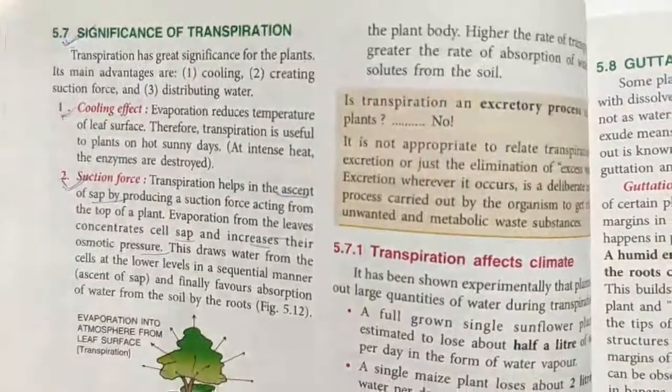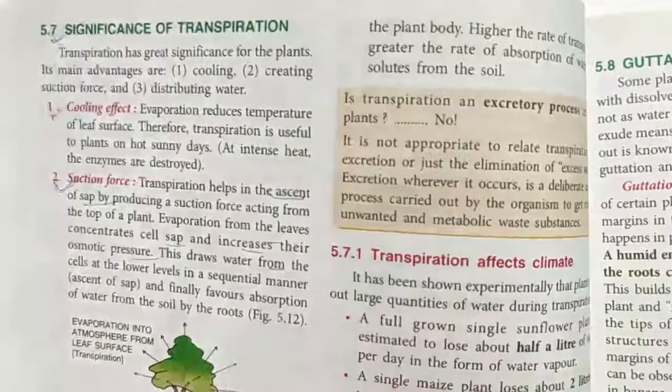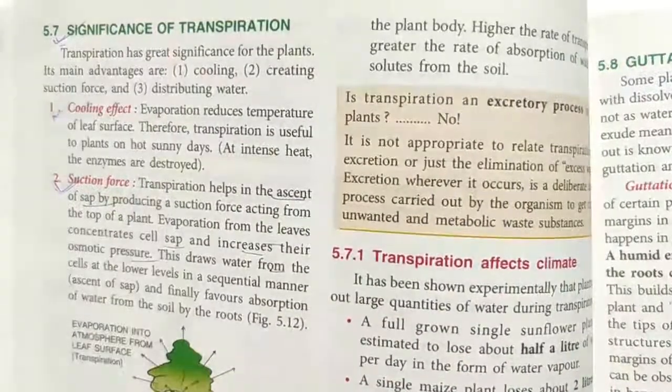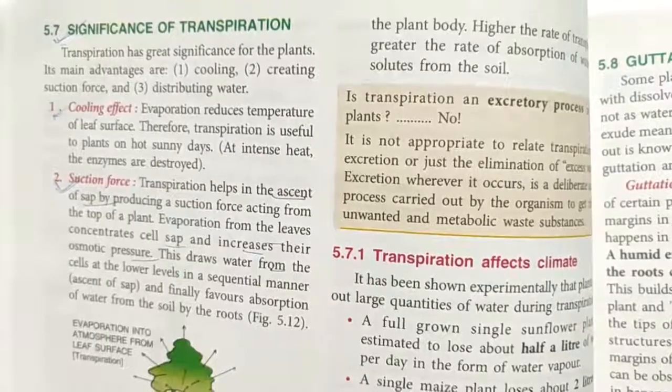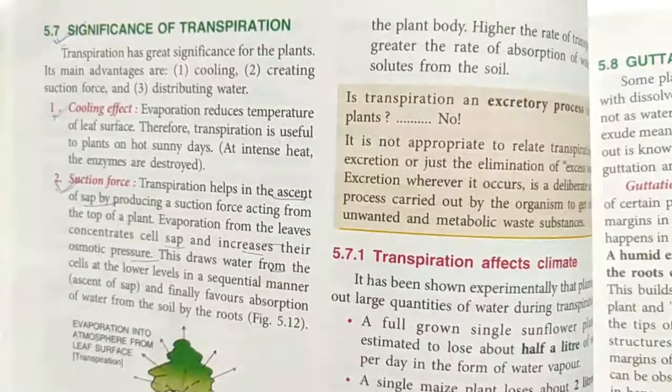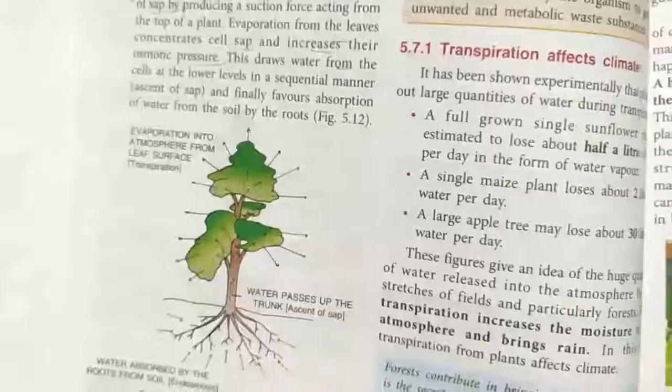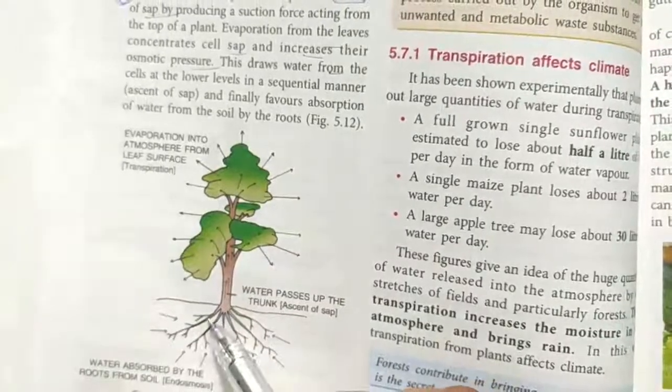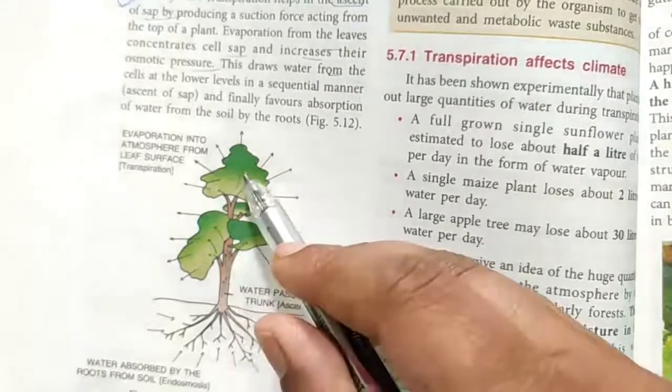Due to this, the concentration of the water goes higher because the water is getting absorbed by the adjacent root hair cells. So it causes a suction force, and due to this suction force the water goes into the root region, and from the root region it goes to the tip of the plant.